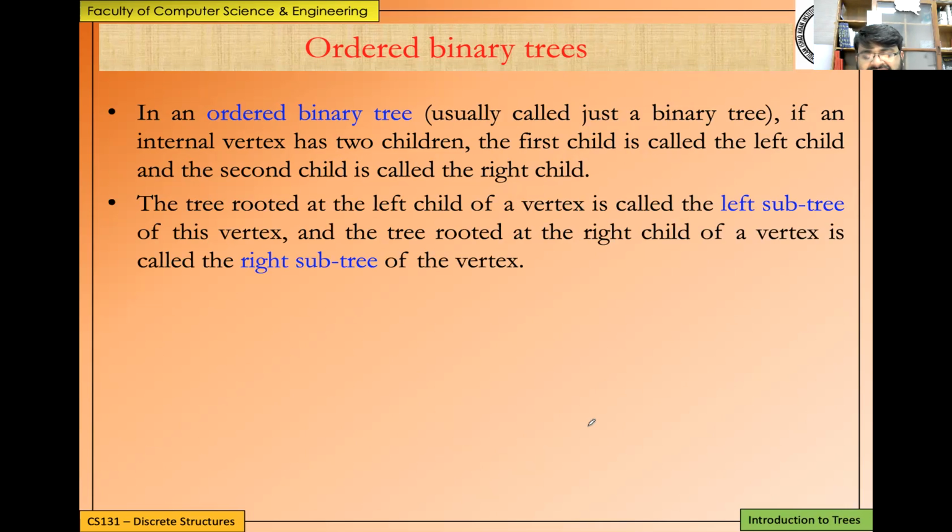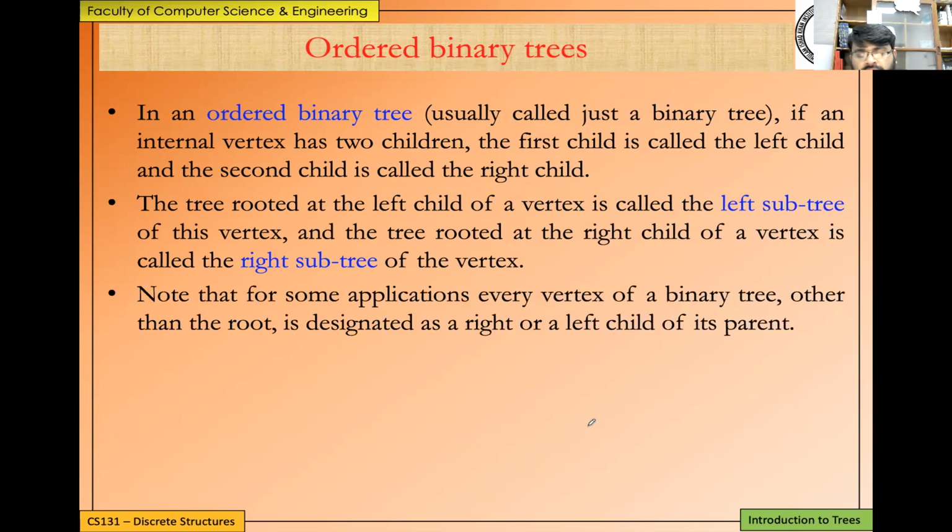The tree rooted at the left child of a vertex is called the left subtree of this vertex, and the tree rooted at the right child of a vertex is called the right subtree of the vertex. Note that for some applications, every vertex of a binary tree other than the root is designated as a right or a left child of its parent.